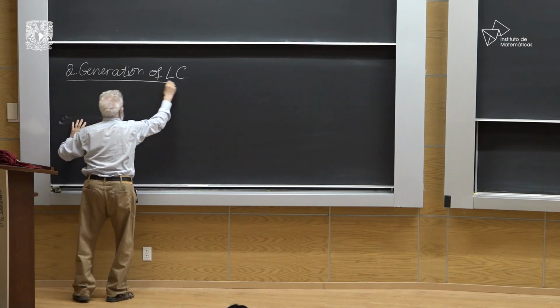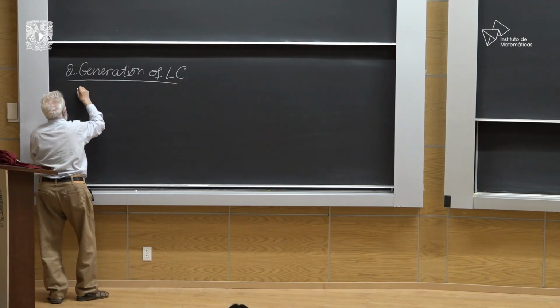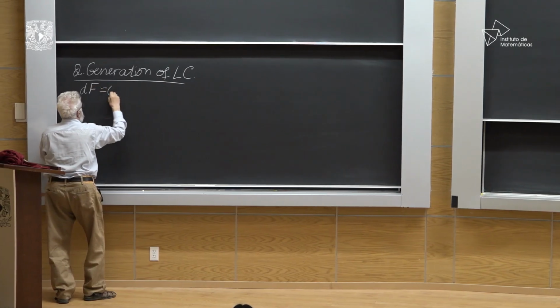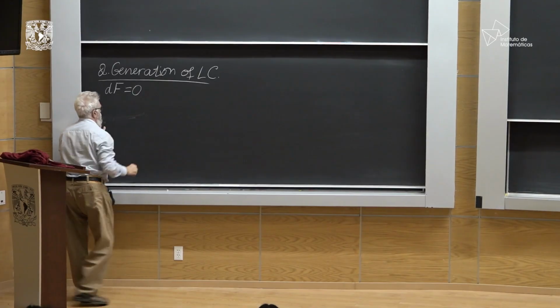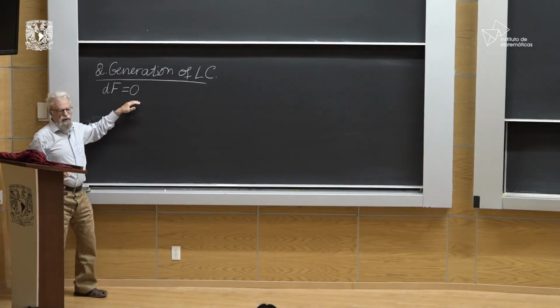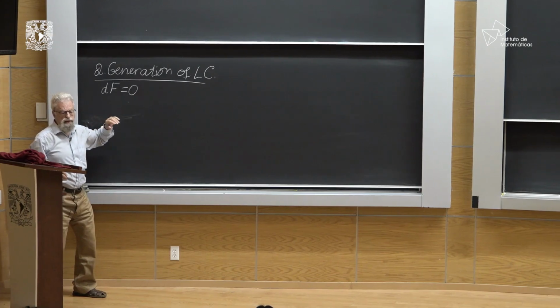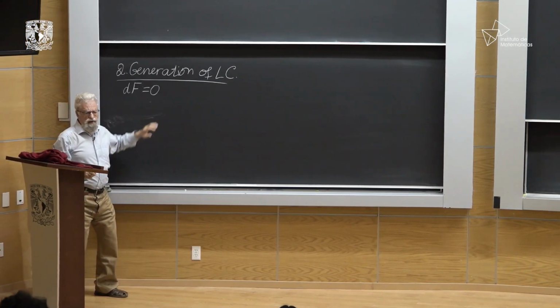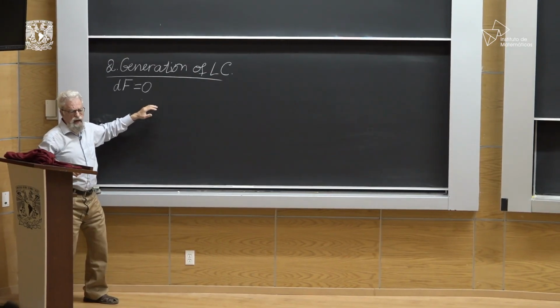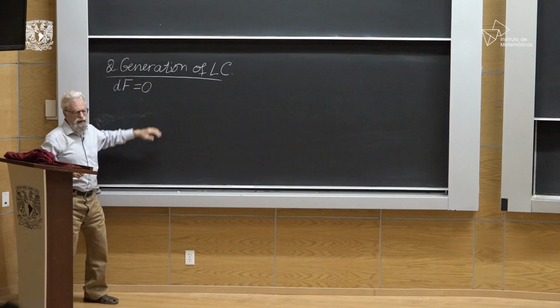We have an equation dH equals 0. Once again, in an elementary course of differential equations, it is said that the orbits, the phase curves of this equation, are level curves of H.